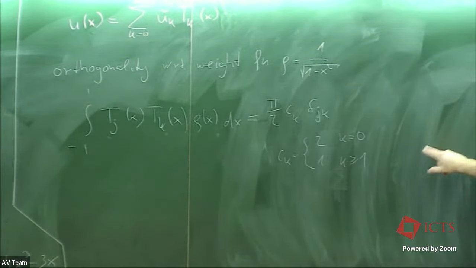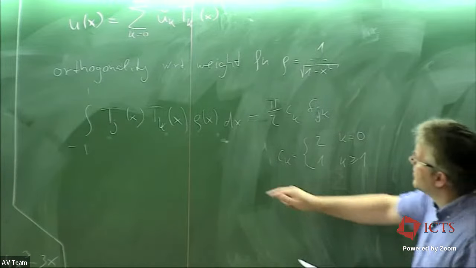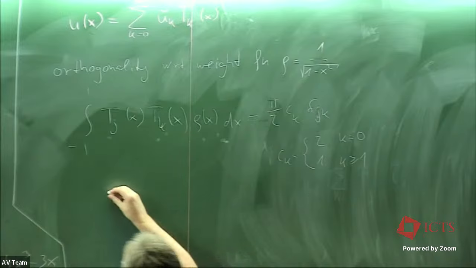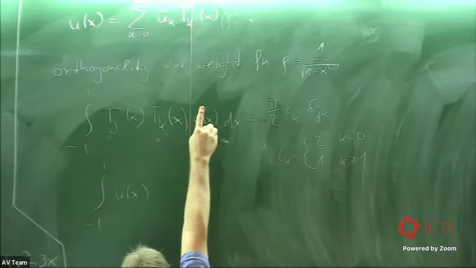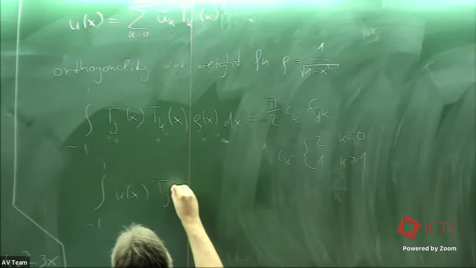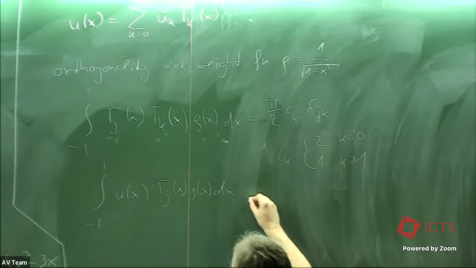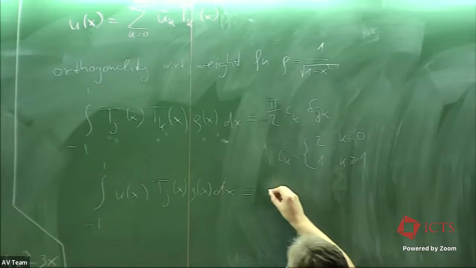Okay, so the goal is to use this in our function up there. We need to multiply by T_j times rho, and we then have the integral from -1 to 1 of u of x times, well, I have a T_k up there, so I need the T_j of x times rho of x dx, is equal to, now I have everything on the right-hand side that I need.